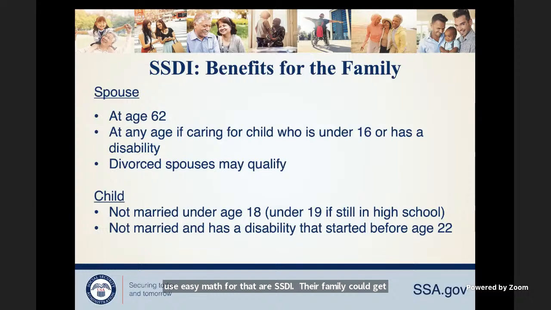So that person may have 2 children. Well, those children are going to get $250 each on top of that benefit. It doesn't reduce the client's benefit. It adds on to it. And also the mom possibly could get benefits on it as a caretaker for those children. She's helping them. She could get extra money on it, or the dad even.